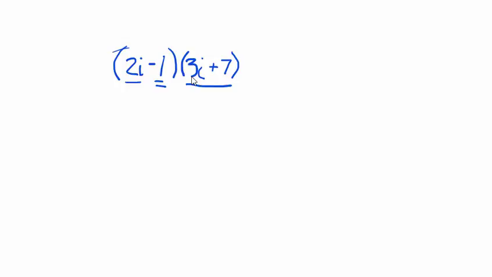So it'd be 2i times 3i, which is 6i squared. And then 2i times 7, which is just 14i. And then -1 times 3i, which is -3i.